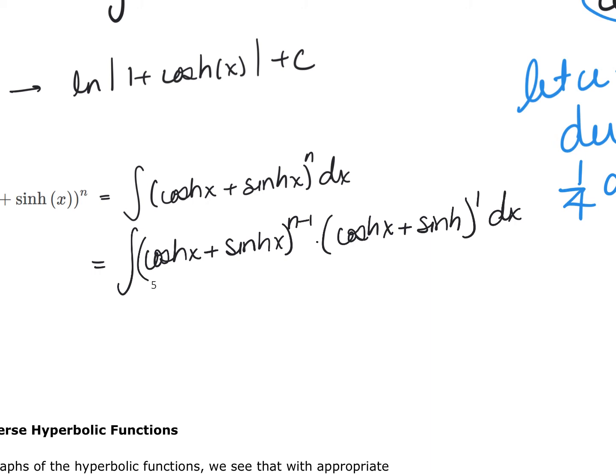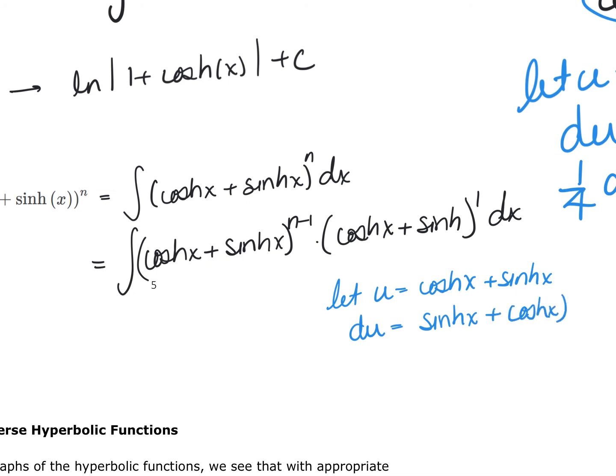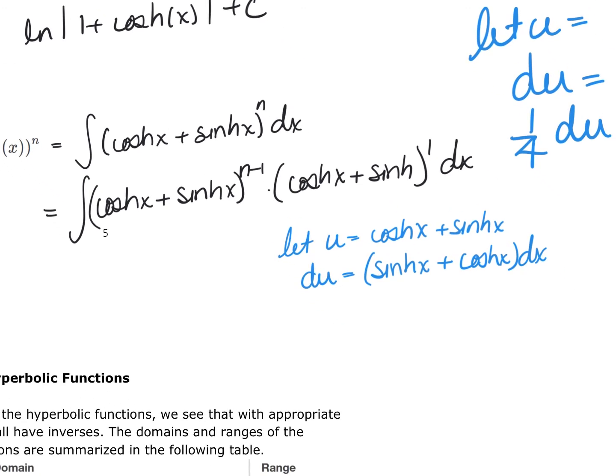Because I haven't really changed anything, now I can do some u-sub. So I'm going to let u equal the hyperbolic cosine of x plus the hyperbolic sine of x. du is equal to the hyperbolic sine of x plus the hyperbolic cosine of x dx, which is still du equal to the hyperbolic cosine of x plus the hyperbolic sine of x, just by rewriting it.